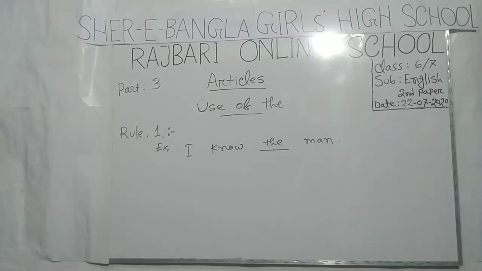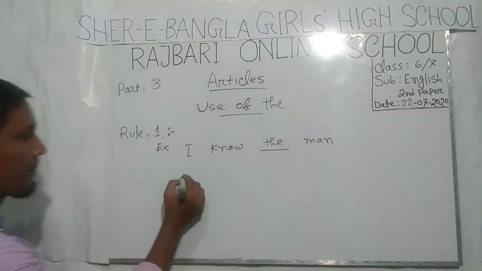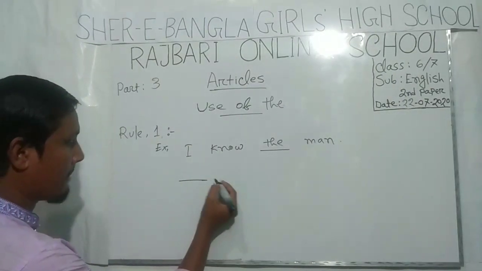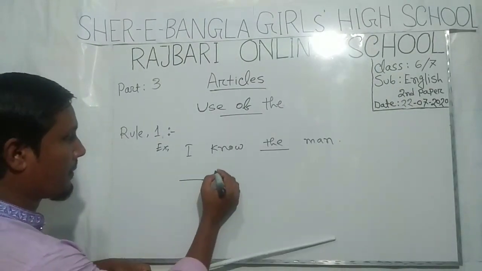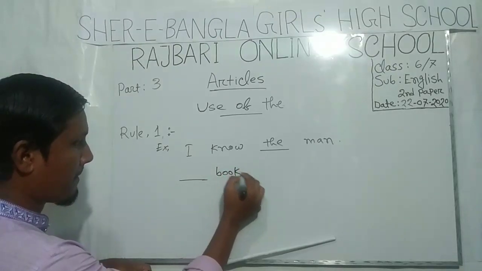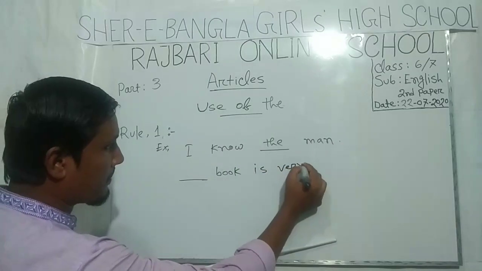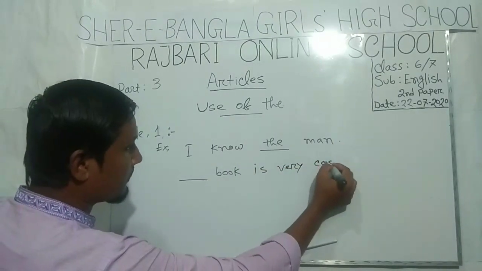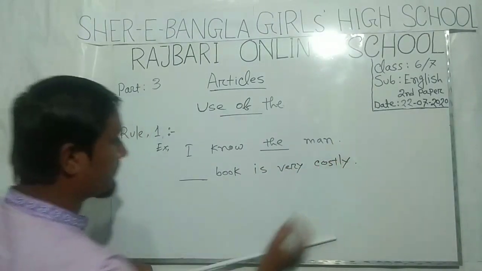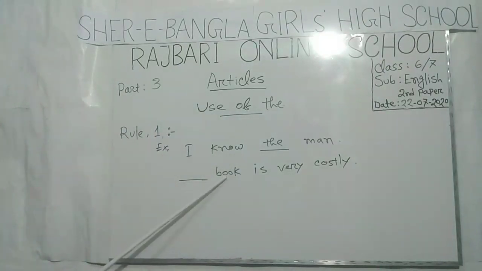For example, the book is very costly. Here you can see the word book.